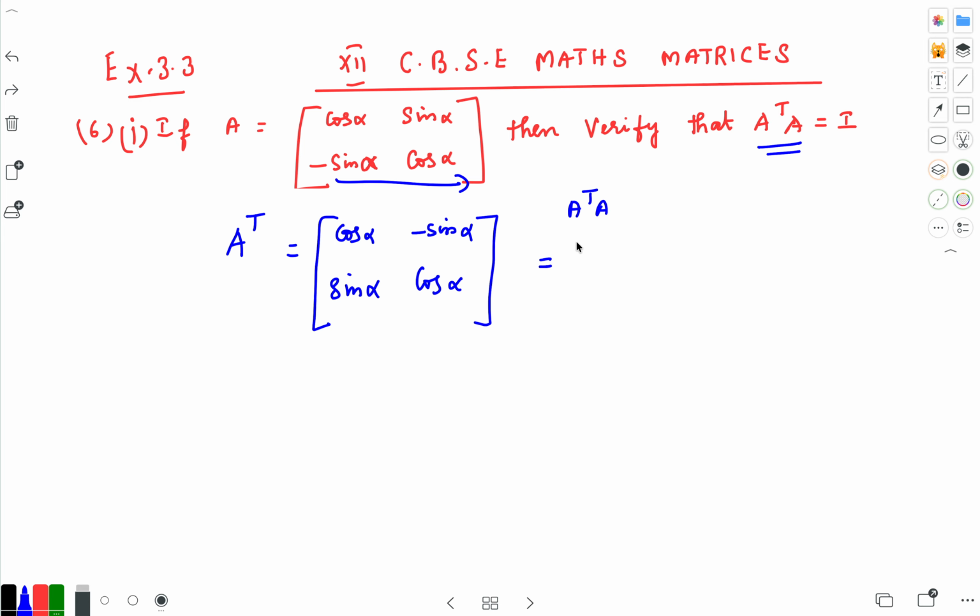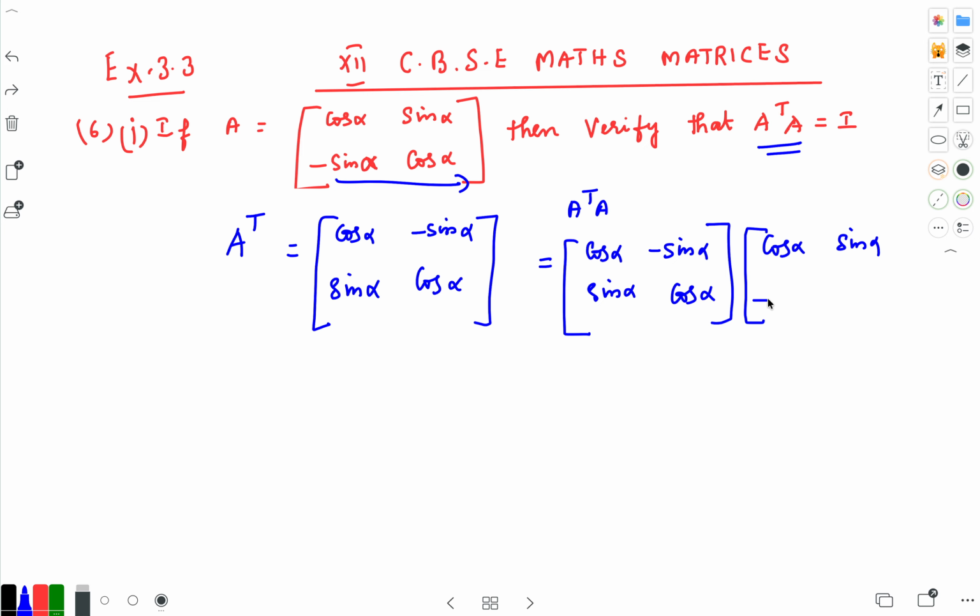A transpose A is [cos alpha, minus sin alpha; sin alpha, cos alpha] into the A matrix, [cos alpha, sin alpha; minus sin alpha, cos alpha].